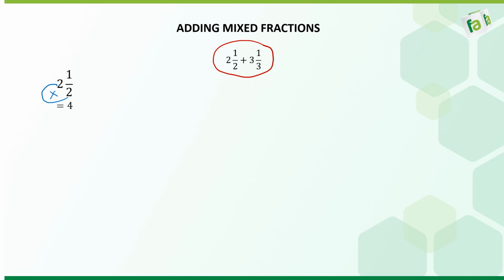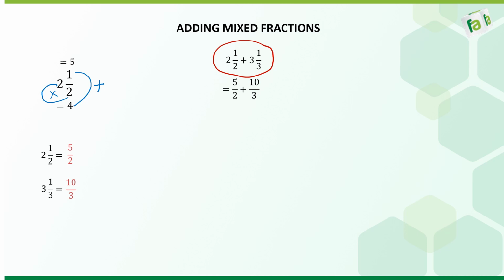Now, adding 4 to the numerator 1, it will give us 5. So now, the fraction can be written as 5 by 2. We will perform the same procedure for 3 and 1 by 3 and get 10 by 3. Now we can write this fraction as 5 by 2 plus 10 by 3.